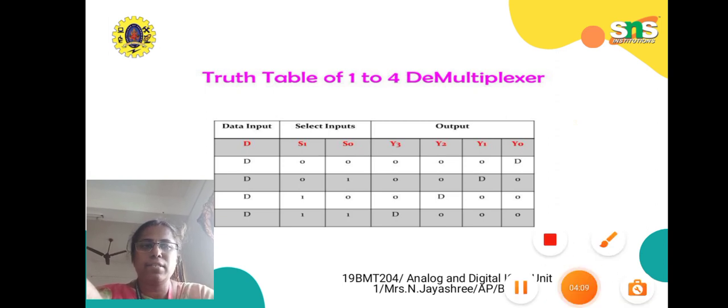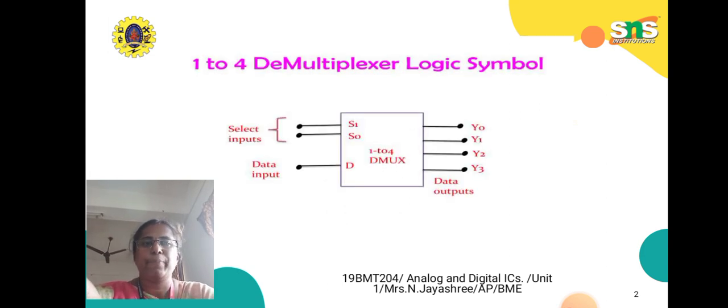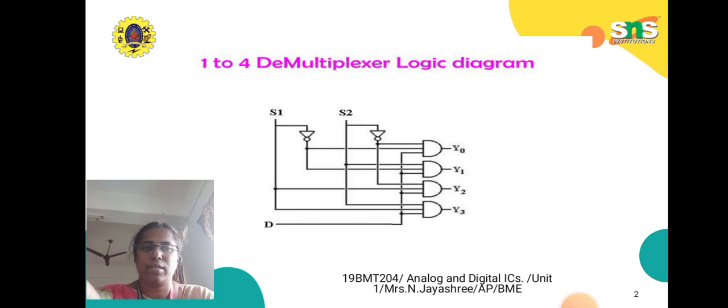Let us summarize today's topics. We have seen the multiplexer and demultiplexer. The multiplexer converts many inputs into one output, whereas the demultiplexer has one input and many outputs, outputs 0, 1, 2, 3, and 2 select lines. S0, S1 are the 2 inputs, and the data input, with outputs y0, y1, y2, y3.